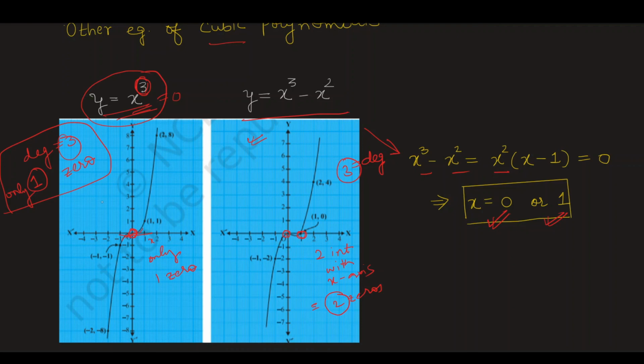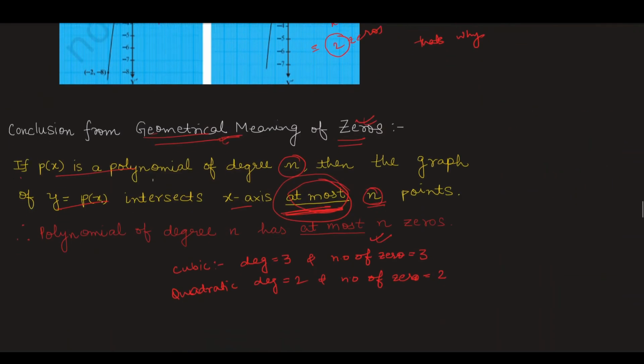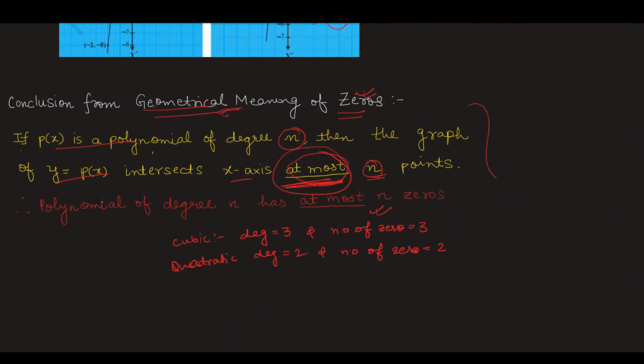So in all these cases, the number of zeros is always less than or equal to the degree. That's why this conclusion is true. Okay, so I hope you followed this through.